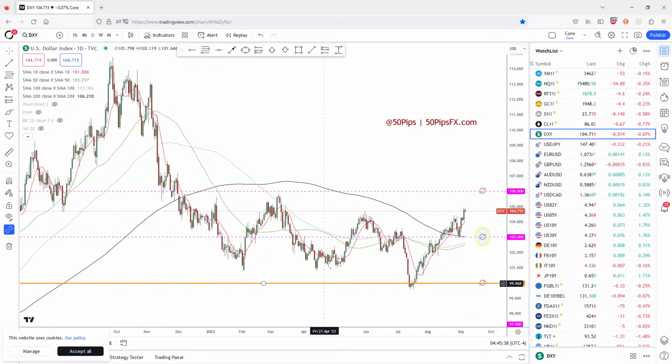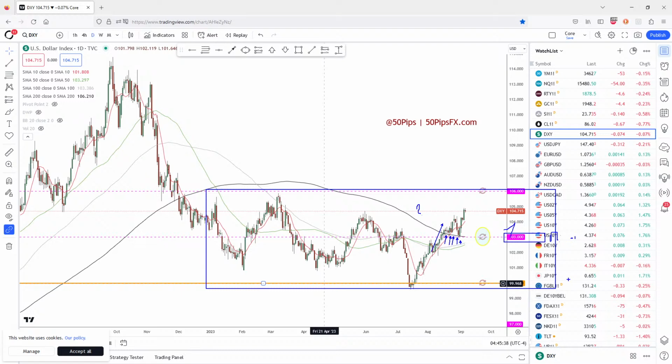But again, the bears could not hold it, and the moment we popped above the pivotal 103, which is mid-range, what happened? You could see every little pullback into mid-range, number one, and the 200 DMA, number two, kept on getting bought. And at this point, this is still just a range trade.